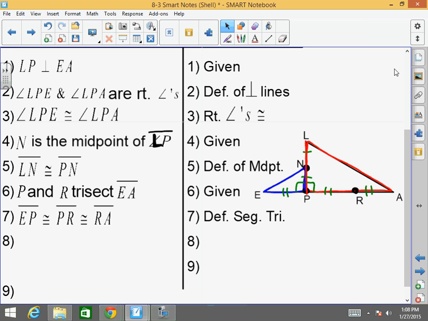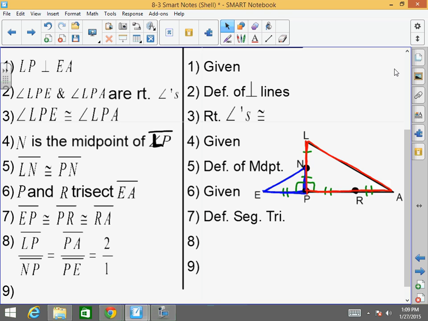And do you see here how EP has one double green tick mark, but PA has two double green tick marks? You see that? So basically what I have here is a proportionality. LP to NP equals PA to PE, which is a 2-to-1 ratio.